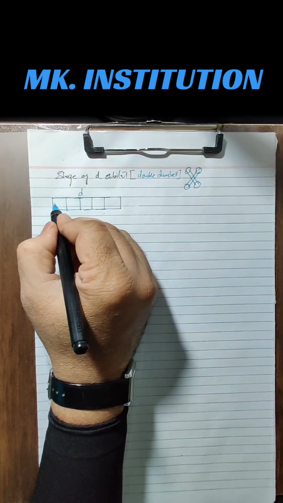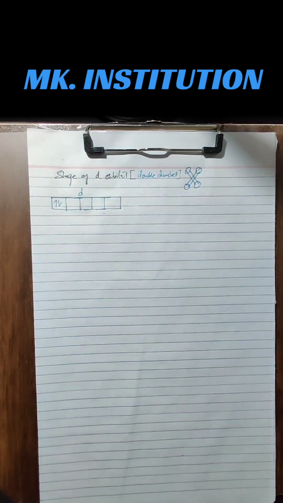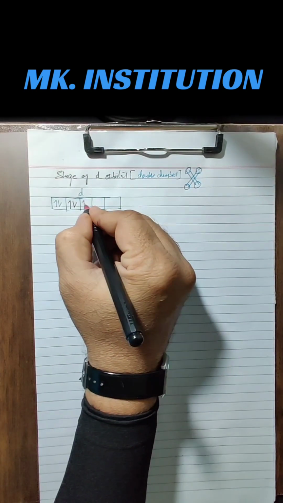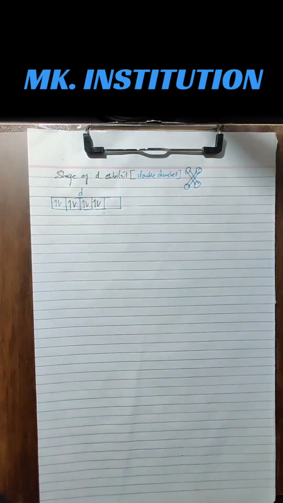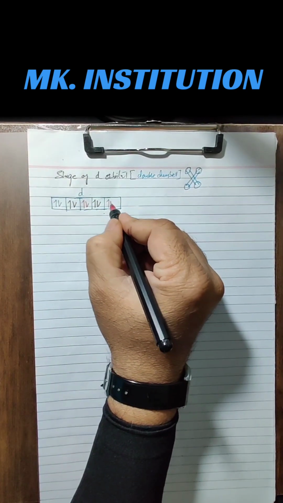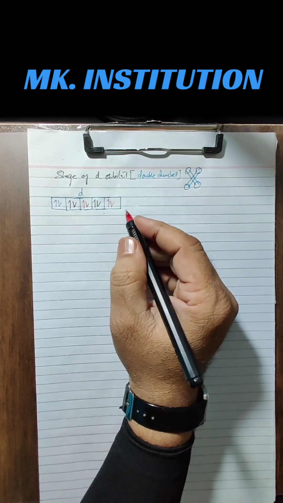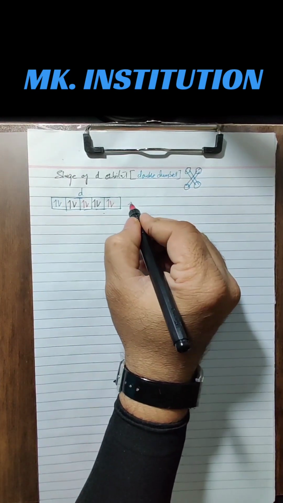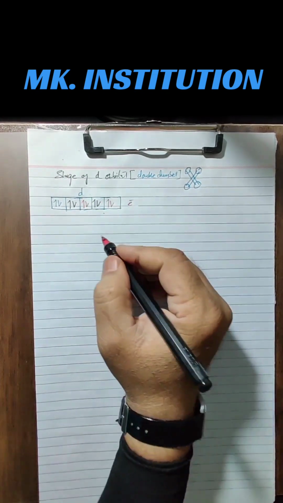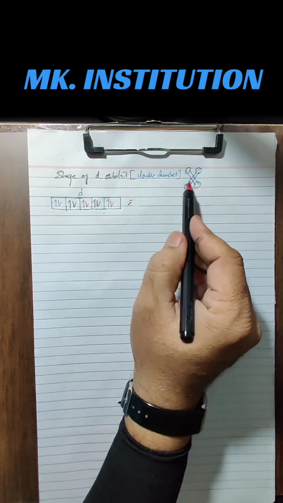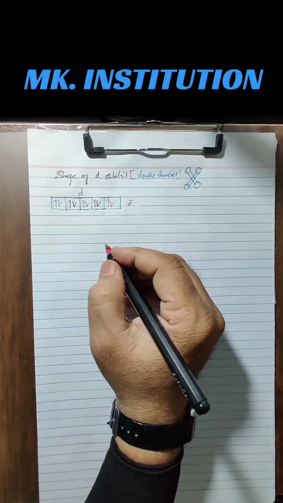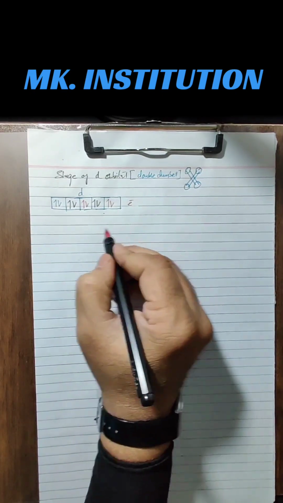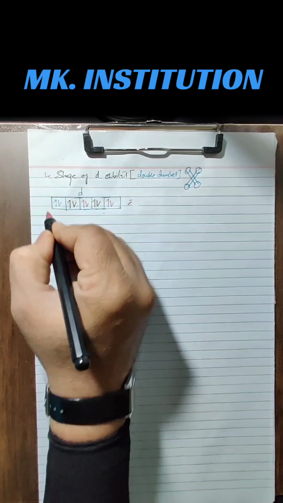So how many electrons will be there? 1, 2, 3, 4, 5, 6, 7, 8, 9, 10. This many electrons are present in the d orbital, in the double dumbbell shape. A large, big diagram of the double dumbbell shape is there.